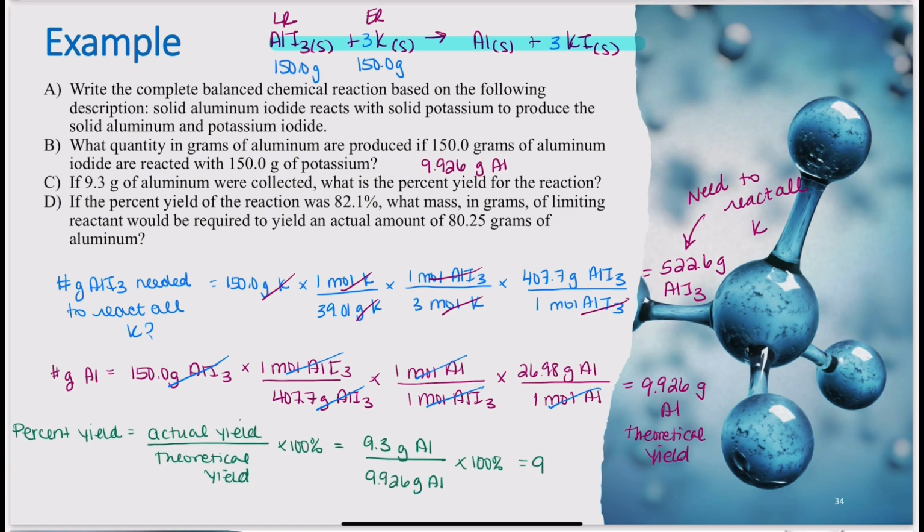So my percent yield here, 94%. I've got 2 sig figs here versus 4 sig figs here, so my final answer can only have 2 sig figs. So 94% is my percent yield if 9.3 grams were actually collected.